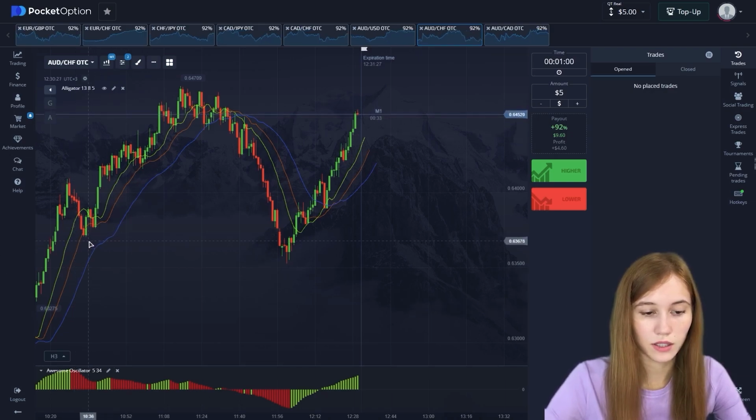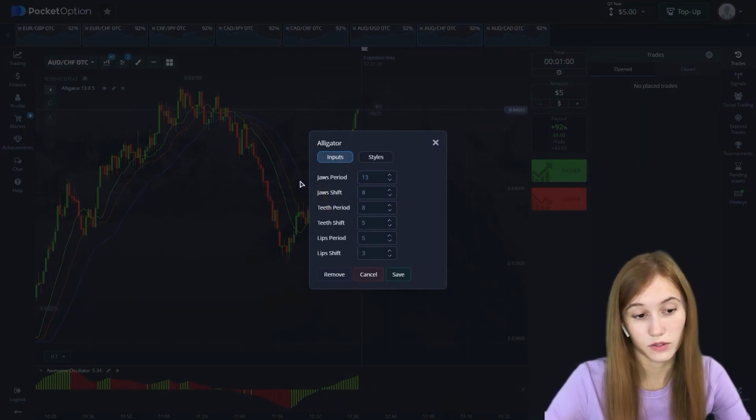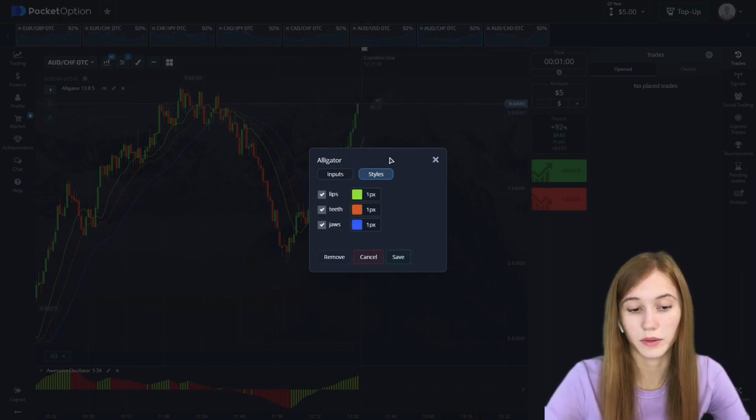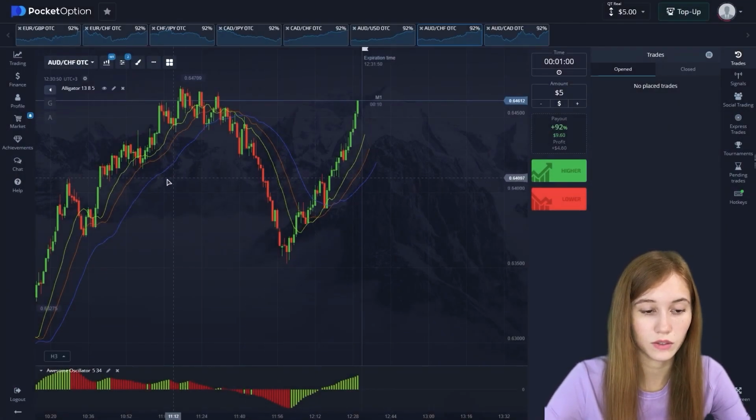So let's talk a little about the indicators. The first one is the Alligator, located on our chart. Its parameters and values are here, but the standard settings are suitable for most time frames. Also, don't be afraid to play with the values.